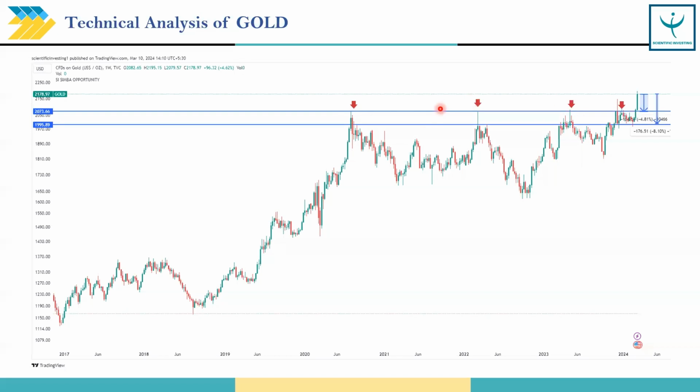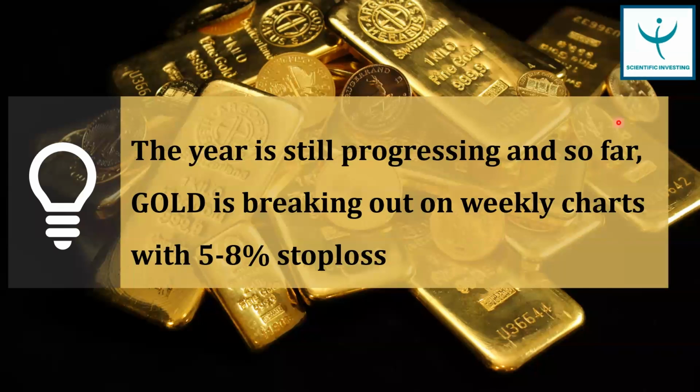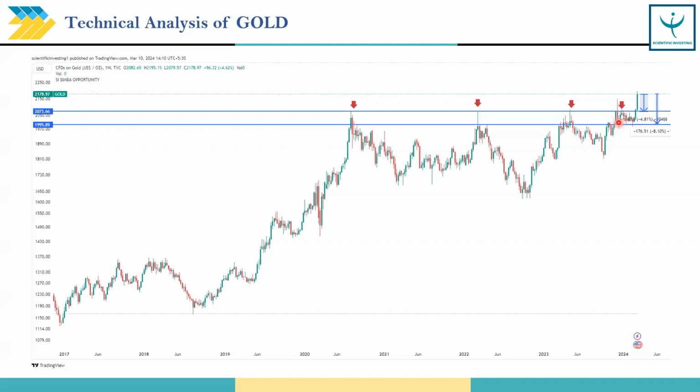And after 4 years, this is a breakout which has happened on the weekly chart, where gold has broken this 4-year resistance level after multiple efforts. This year, on the yearly chart, it is still progressing. And if we look at the weekly chart, if you consider this as resistance, because here you have resistance, here you have resistance, here you had resistance, so if you look at this point as a support, we are almost 4 to 5% far from the support.